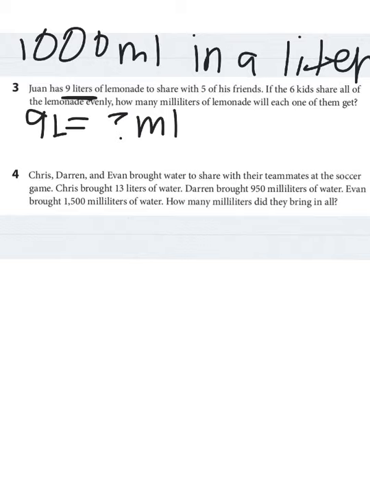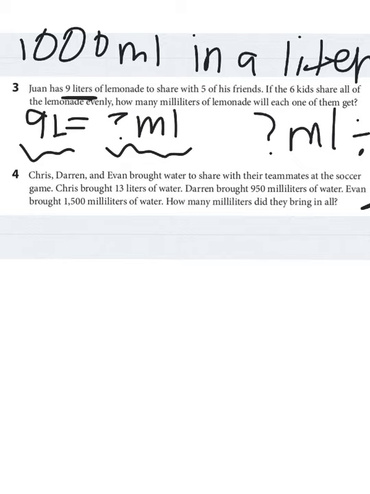Remember that your first step here, though, is figuring out how many milliliters 9 liters is, and then you're going to go on to divide those milliliters. So those milliliters you divide by the 6 kids, and then you figure out how many milliliters each kid gets. All right.